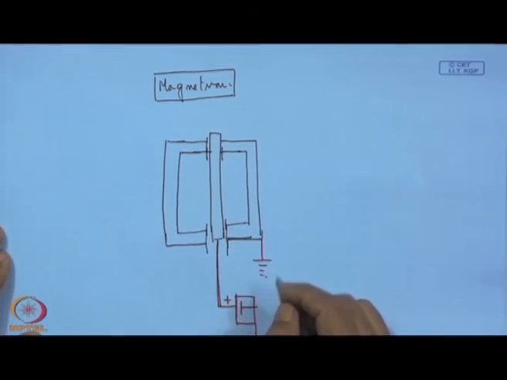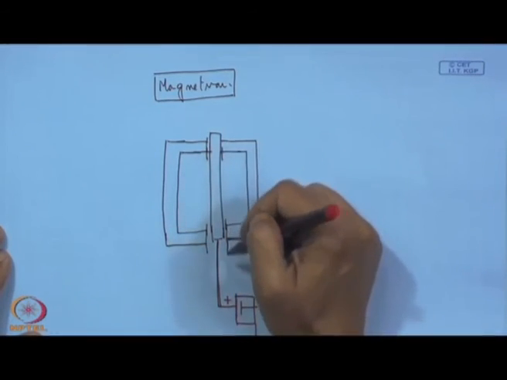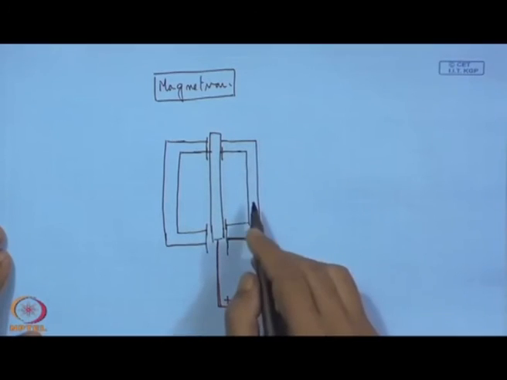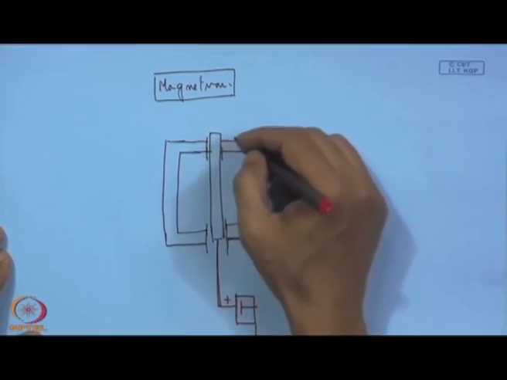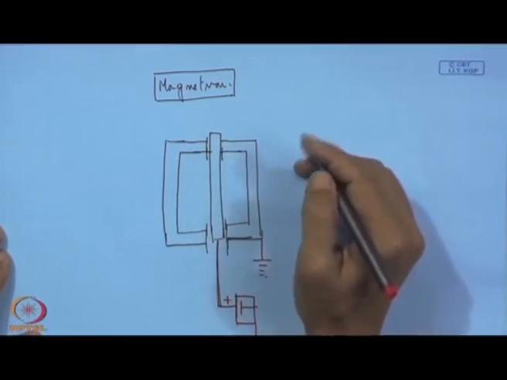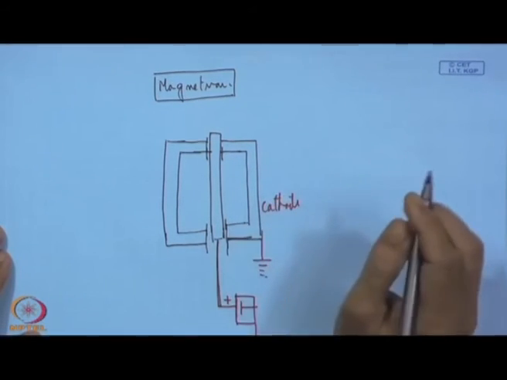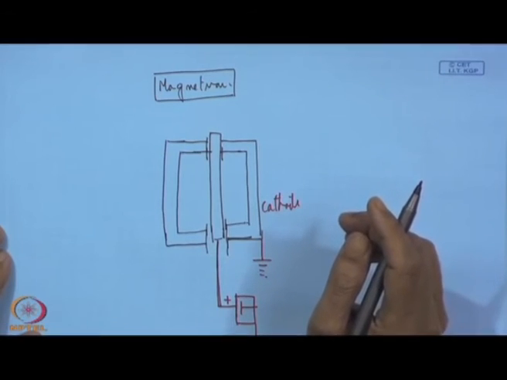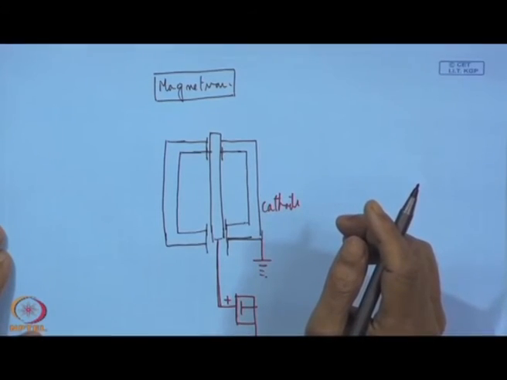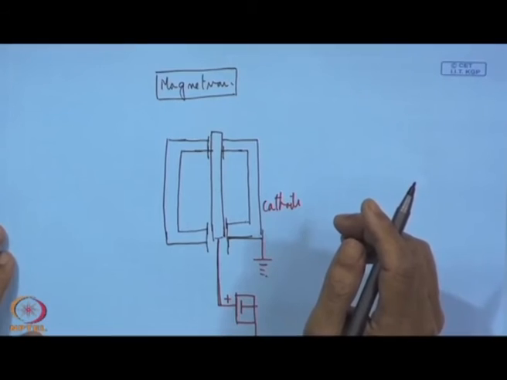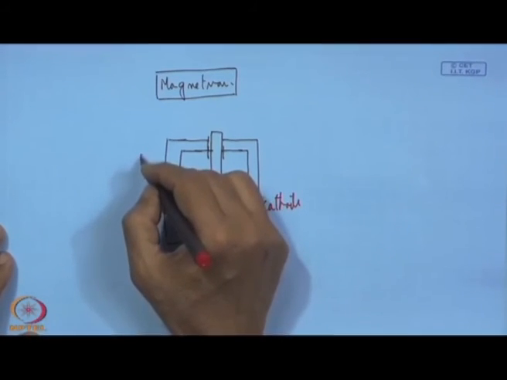So, here what we see is that this anode plate is positively biased, and this cathode, which has an annular shape, is grounded. And in addition to this, we have the magnets.